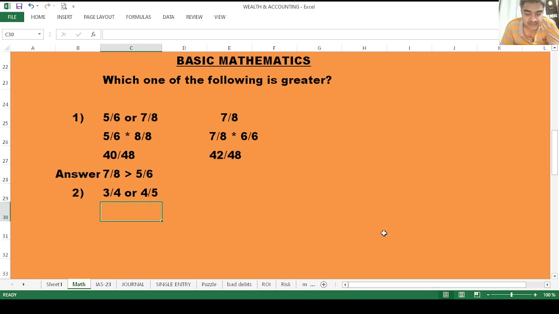As you can see that the main theme is to make denominators equal by multiplying the suitable numbers.